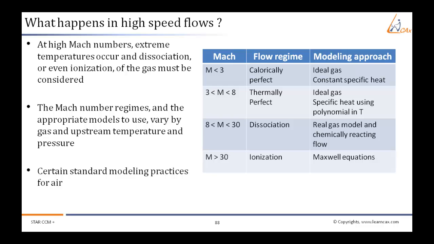For this, we need to use real gas model or consider chemically reacting flows. For Mach number greater than 30, ionization occurs. This requires solving the Navier-Stokes equations together with the Maxwell equations. This is not currently possible in Star CCM+.